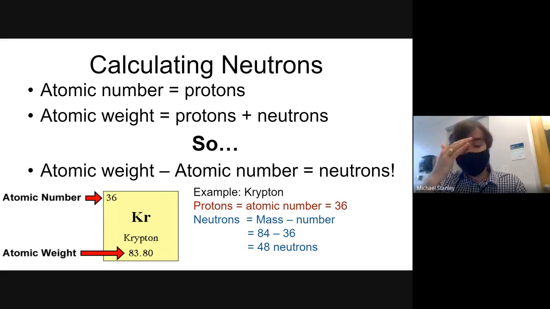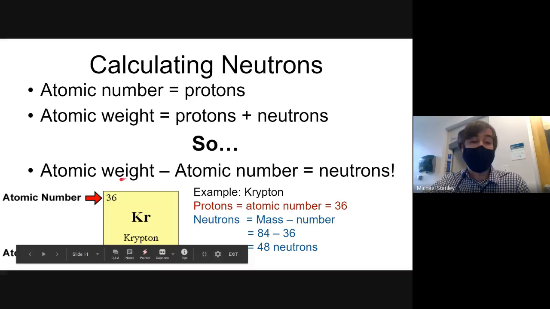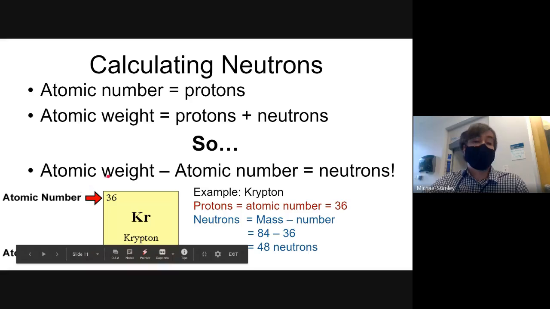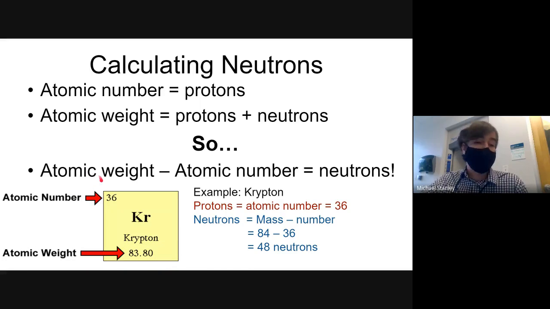At least for this class, like I said, there are cases where the proton and electron number gets different. But in this class, we're only looking at neutral atoms, and neutral atoms always have the same number of protons and electrons. And since the atomic number tells us how many protons we have, it also tells us how many electrons we have.